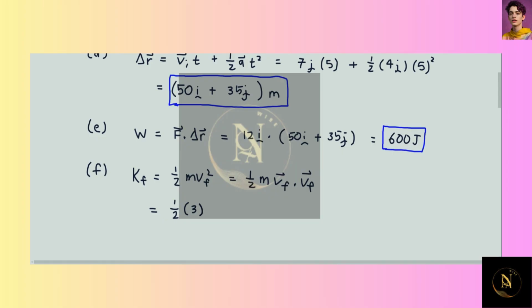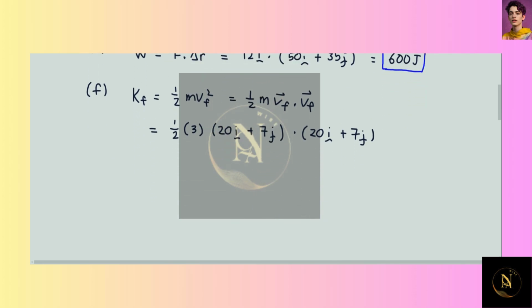The v_f vector is 20i plus 7j, and you have to dot it with itself. So we get half times 3 times 20 squared plus 7 squared, and this is 673.5 joules. So this is the final kinetic energy of the particle.